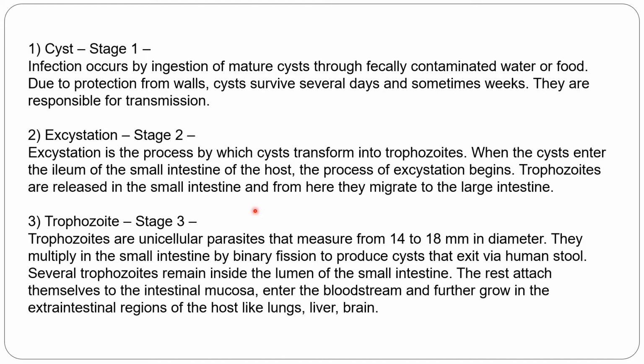Now they follow step 3, trophozoite, stage 3. Trophozoites are unicellular parasites that measure from 14 to 18 micrometers in diameter. They multiply by binary fission to produce cysts that exit via human stool. Several trophozoites remain inside the lumen of the intestine.